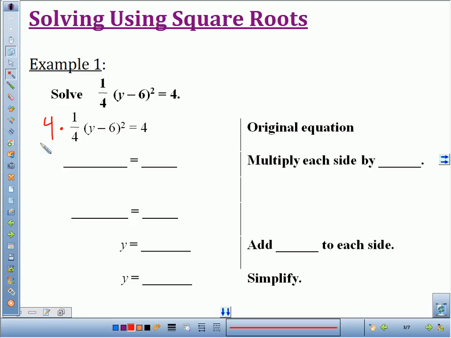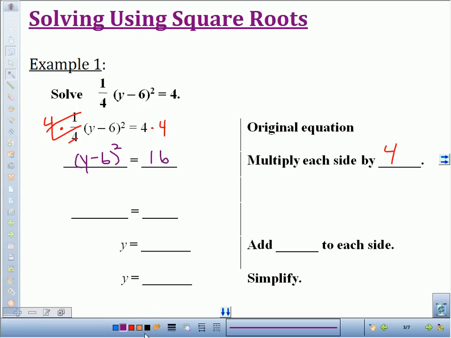But if I multiply the left side by 4, I have to multiply the right side by 4. I have to multiply each side by 4. Now, when I do that, 4 times 1/4 cancels out, and I'm just left with (y minus 6) squared. On the other side, 4 times 4 is 16.